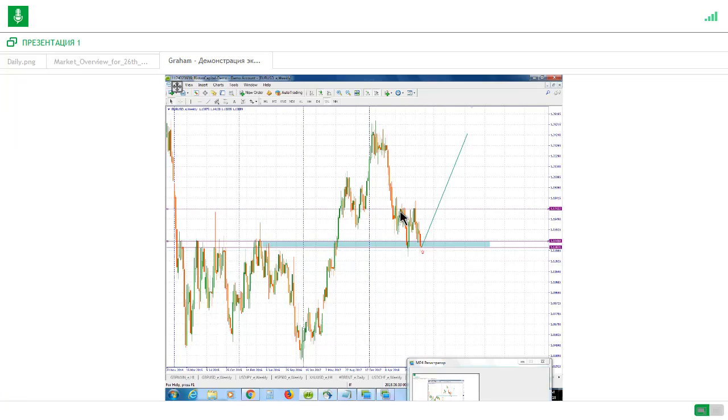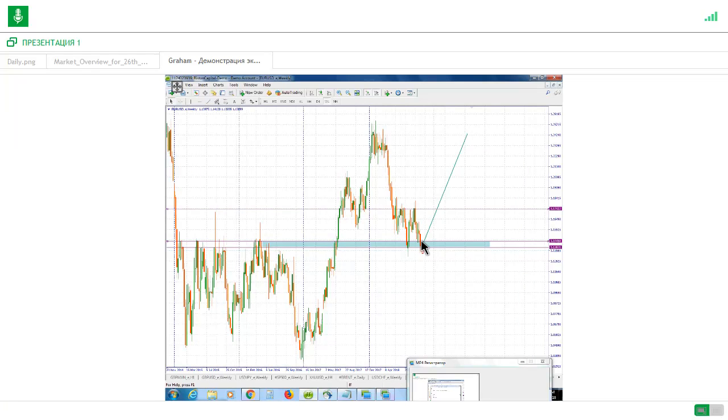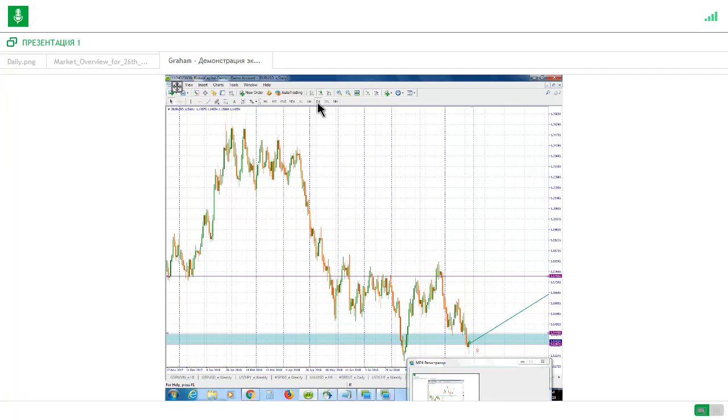You have a resistance here, support broken, the same place, 1.17422. So we write down towards 1.17422. You go long and then have your take profit around somewhere here. So that should be enough for Euro USD.